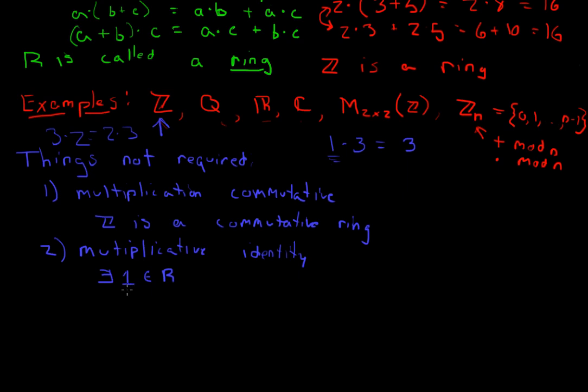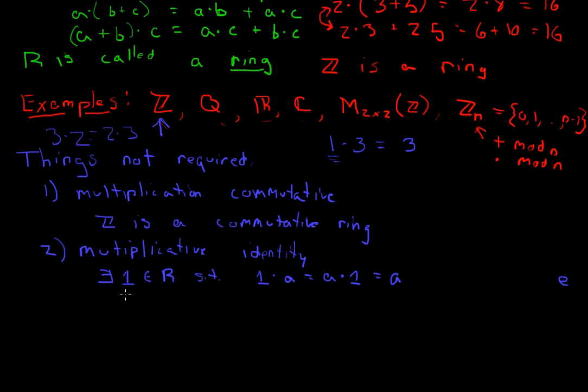We just denote it with a 1, kind of like in group theory, you denoted things with E. But with a specific ring, it's not really like the calculus E. E just represents whatever your identity is. So there exists a 1 in R such that 1 times A is equal to A times 1, which is just equal to A.